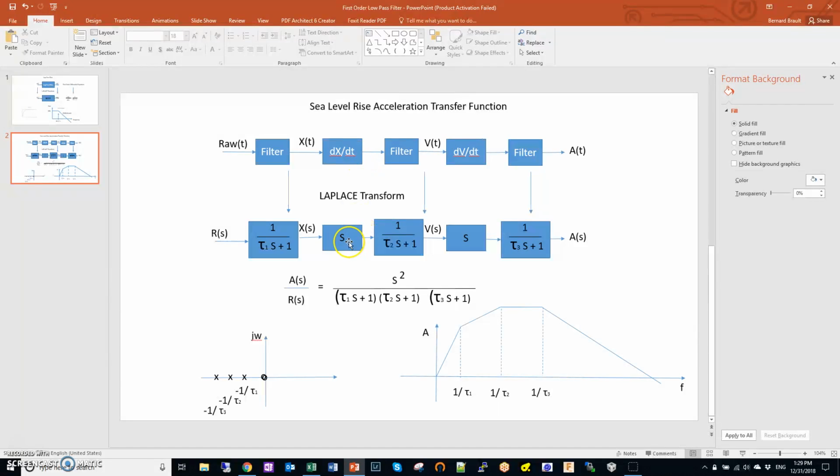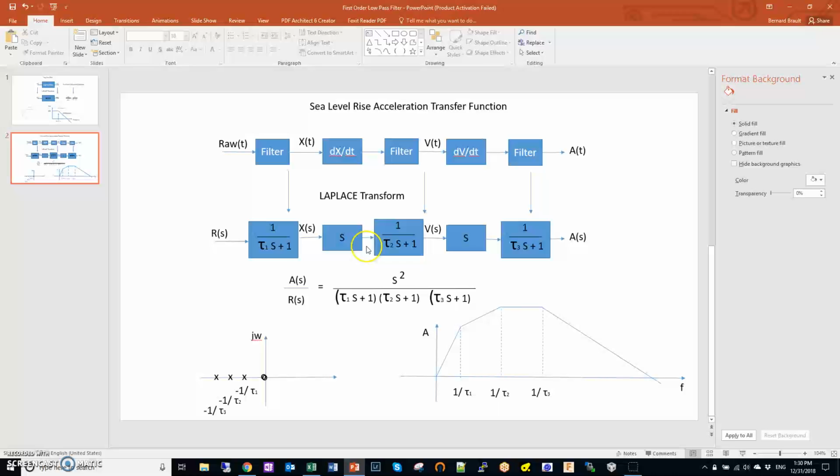The derivative is simply s, right? Same, another first order filter right here with a different time constant, and you obtain velocity in the s domain, derive the velocity, and then obtain acceleration and filtered out acceleration right here.